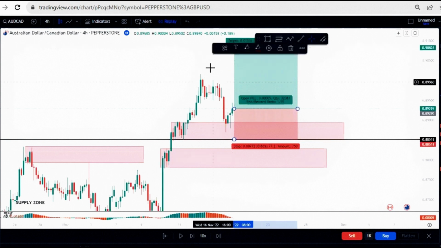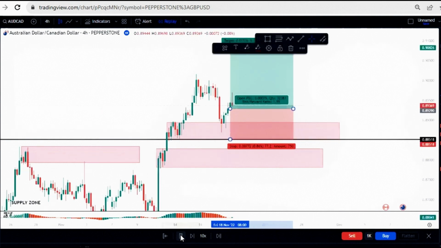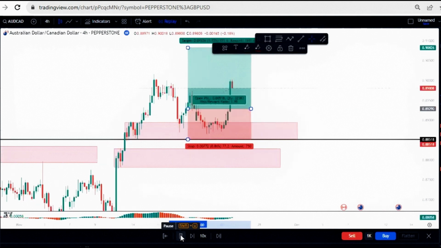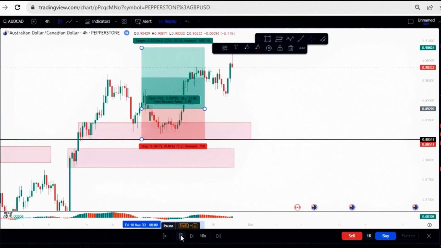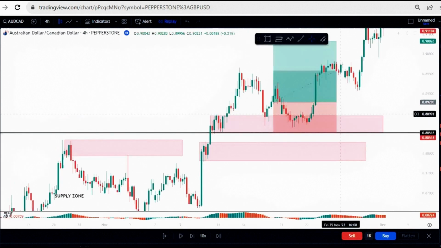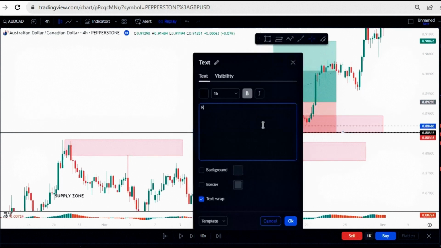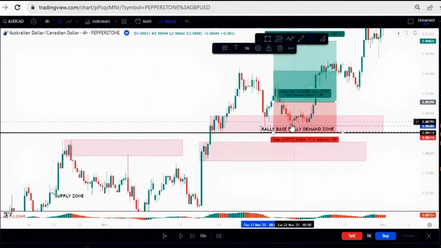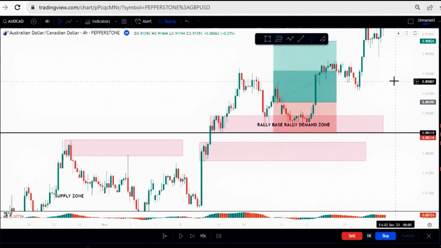As you can see, the price came back, rejected this zone, and continued to go up. So here what we have is a rally, a base, a rally demand zone. So remember, the rally base rally demand zone, they are formed during an uptrend.